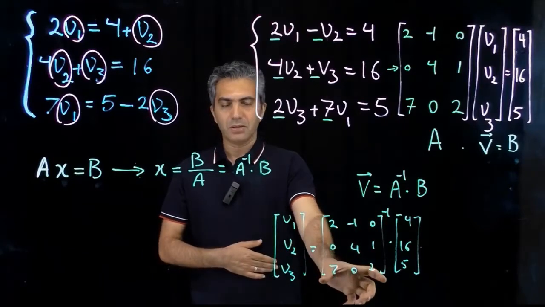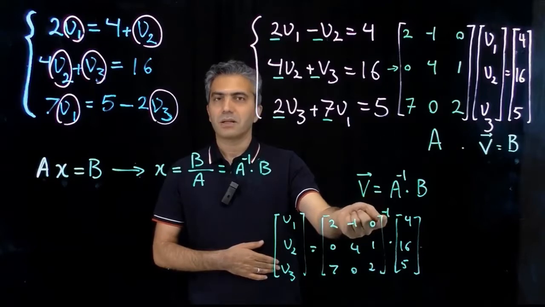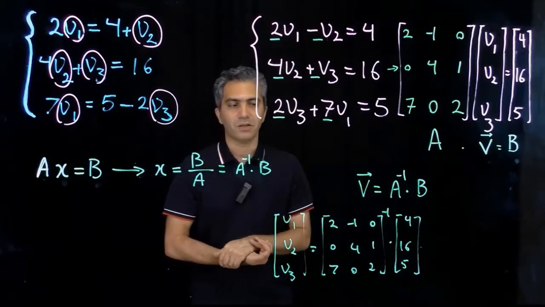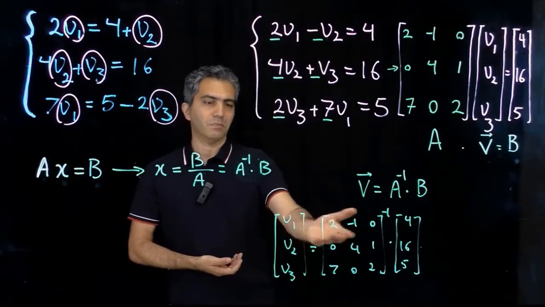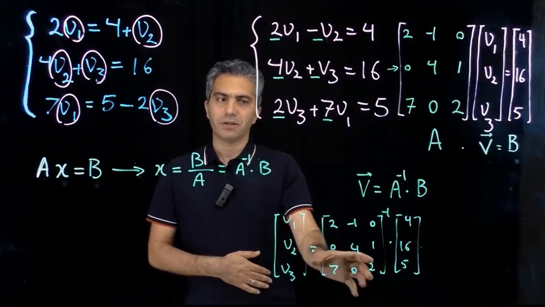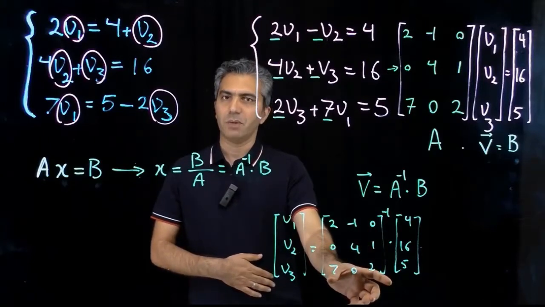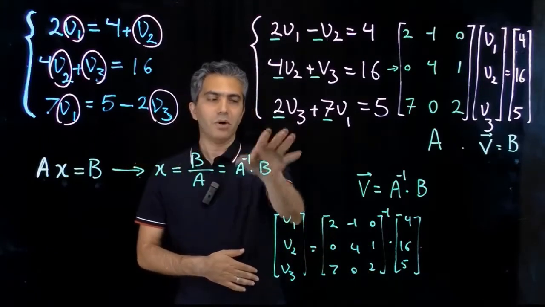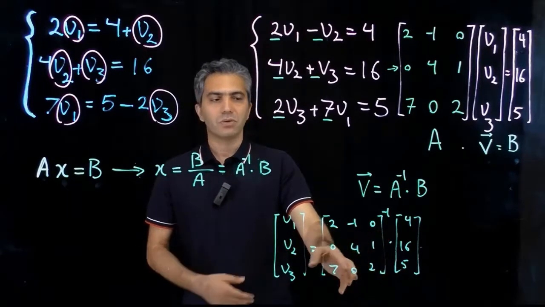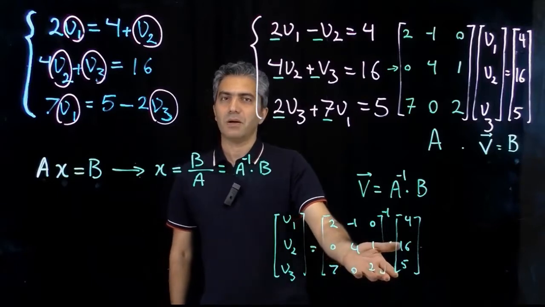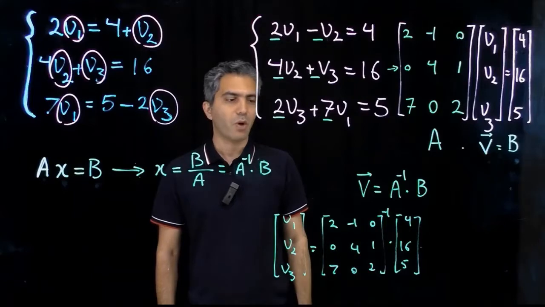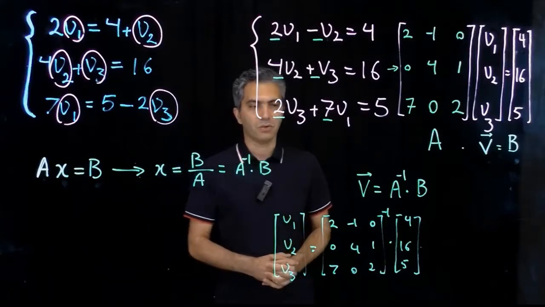So you can actually enter this matrix, calculate the inverse, multiply it by the other vector, and get all the unknown values in that manner. Even if you don't have a calculator that calculates the inverse of a matrix, if you go all the way to this point, in any of the quizzes or exams that you do, you will get about 90% of the credit for that specific question, or that specific part of the question that you're doing.